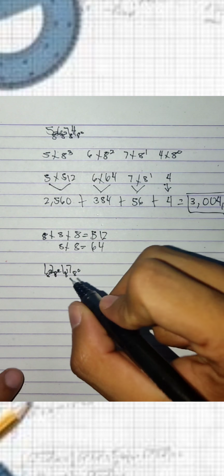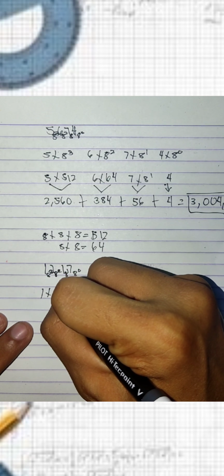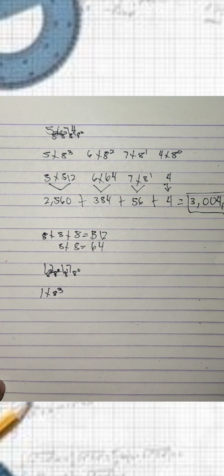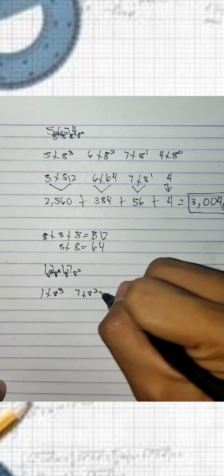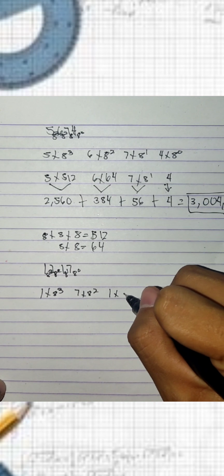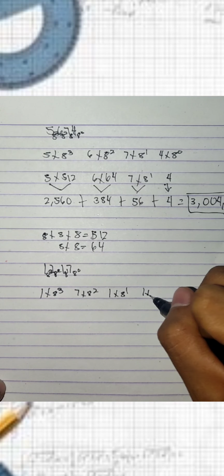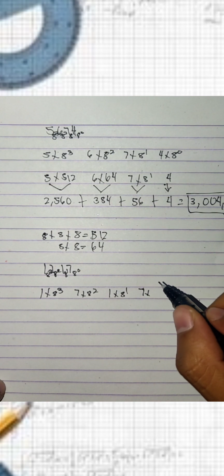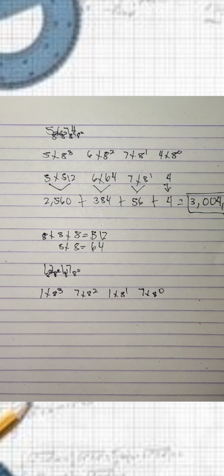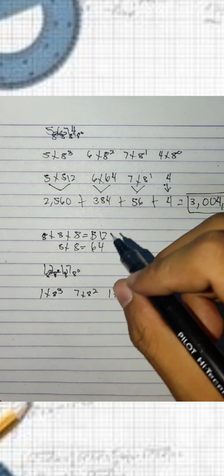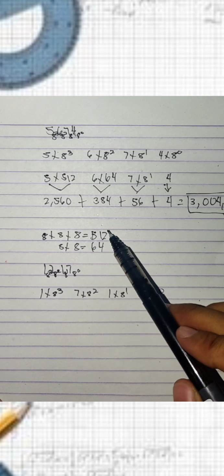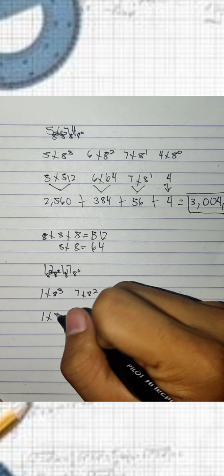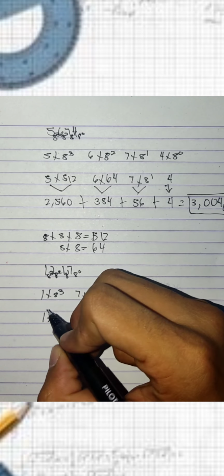So, 1 times 8 to the third power, 7 times 8 to the second power, 1 times 8 to the first power, 7 times 8 to the 0 power. So, tatanggalin ulit natin siya. 8 times 8 times 8 is 512. 1 times 512.